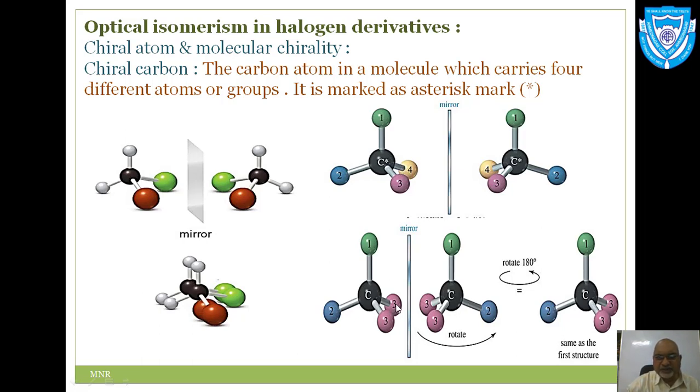But where you see here, in 2 and 3, they are mirror images, so these are not chiral, they are achiral, because they have 2 substituents the same. And so rotation by 180 degrees is possible, same as the first structure which is here.